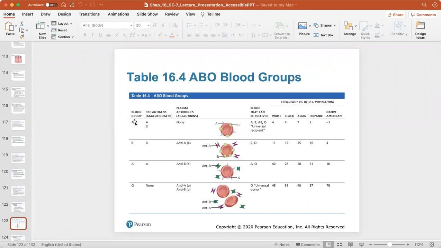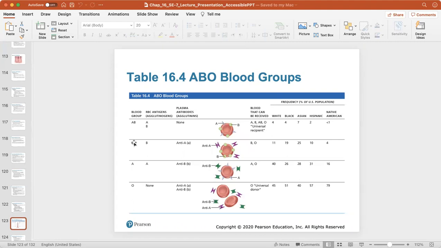Again, your blood group is named for what type of agglutinogens are present. So for your red blood cell antigens, if you're AB, you have both A and B antigens on the surface of your red blood cells, which are seen here. B's are the green circle antigens and A's are the pointed antigens.